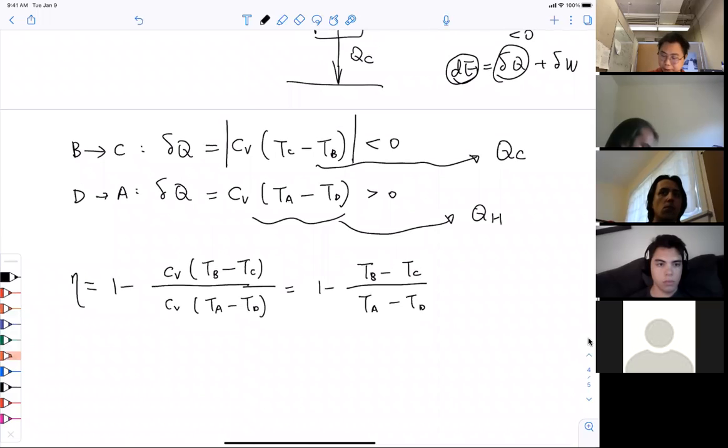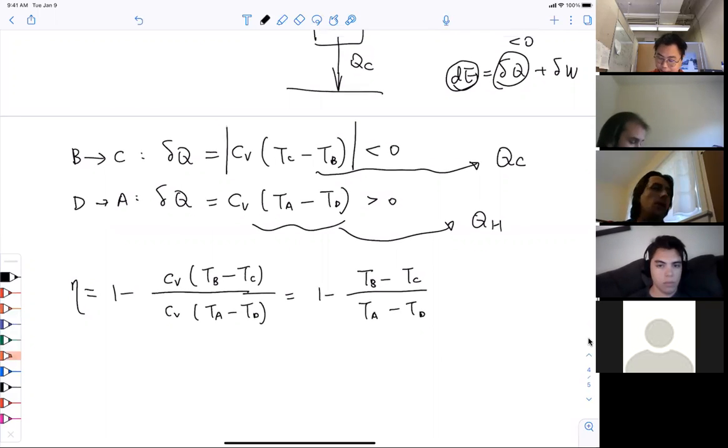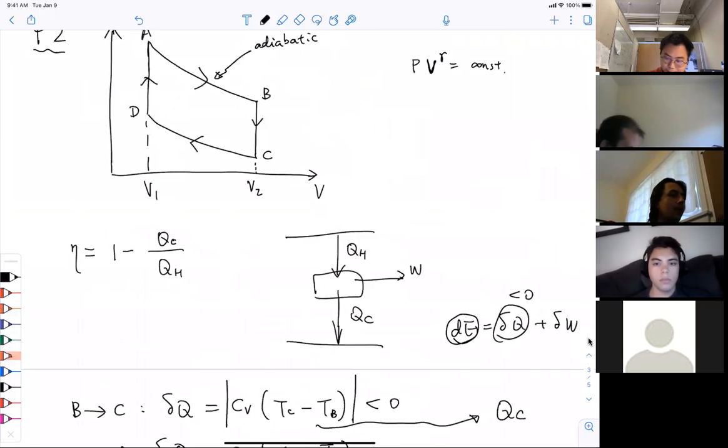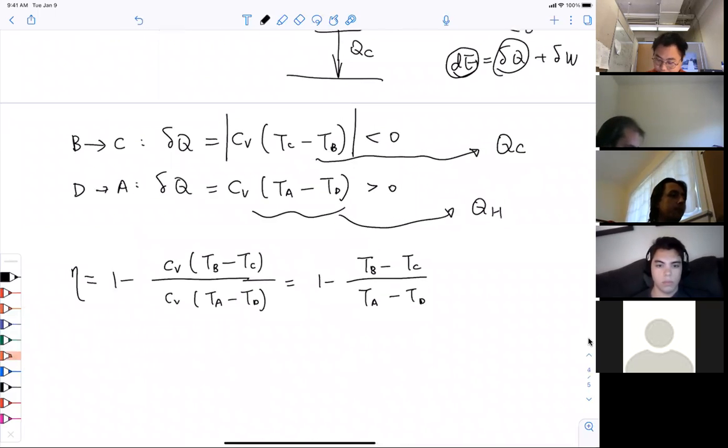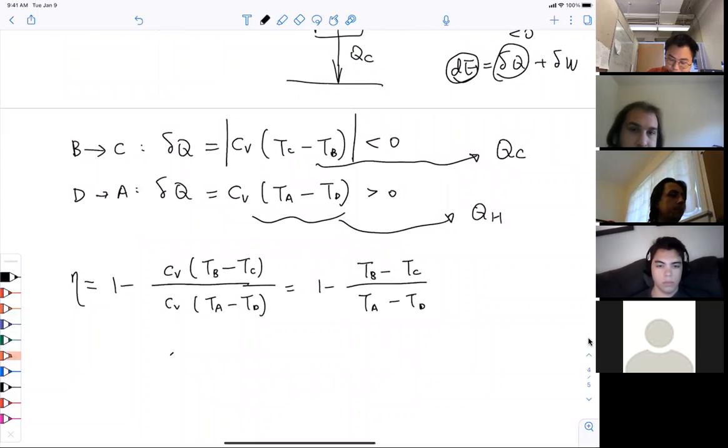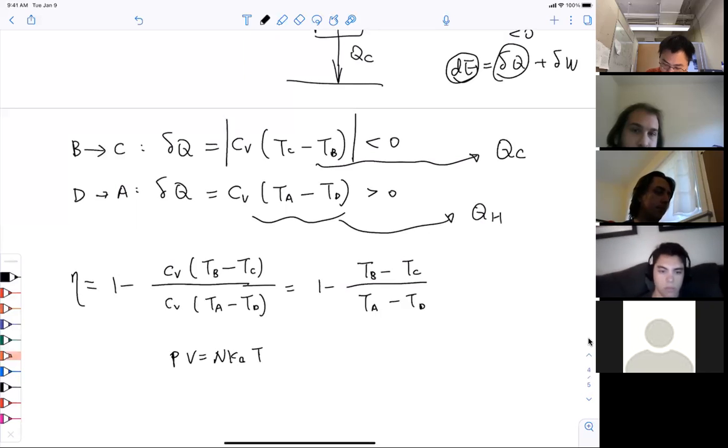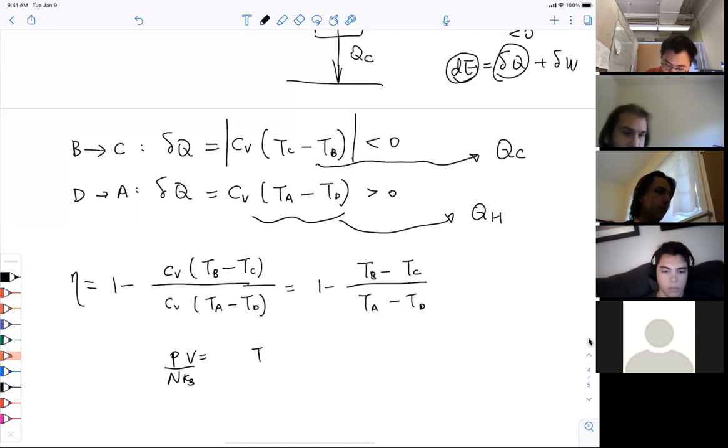Okay, this step is very similar to what we did in last discussion. We first convert the temperature to the pressure and the volume. To do that, we just need to invoke, because it's an ideal gas, PV equal to N kB T. So the temperature is given by PV divided by a constant.